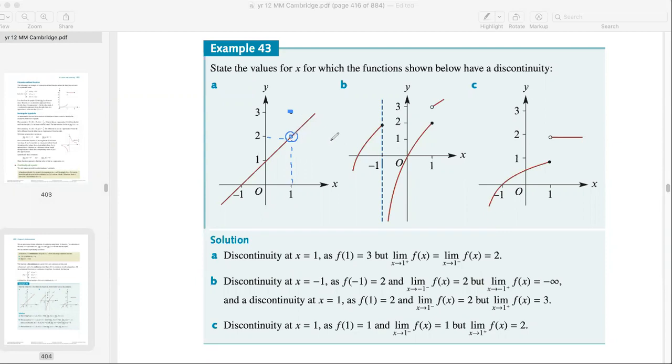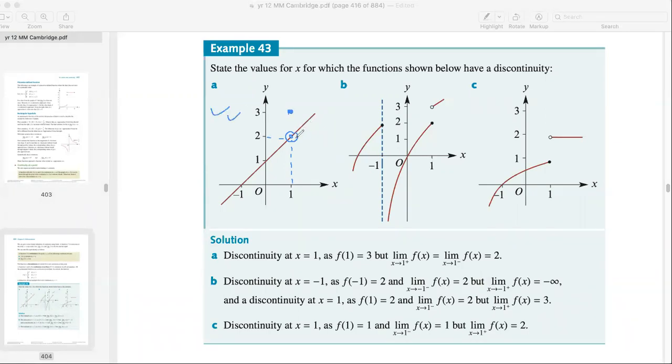So first, the question we ask is, at x equal 1, is 1 in the domain? The answer is yes, because f(1) is 3. It's defined on the top over here. So it passed the first condition.